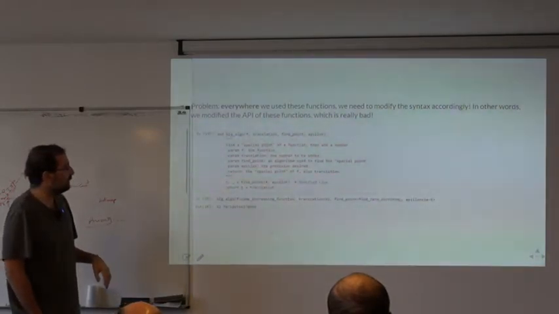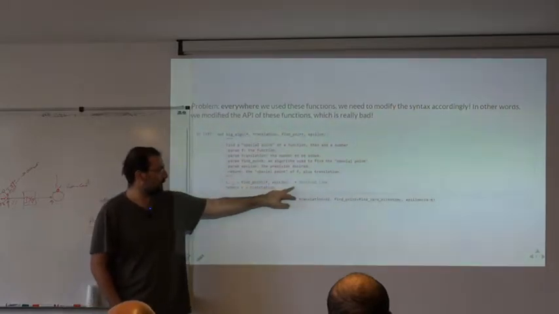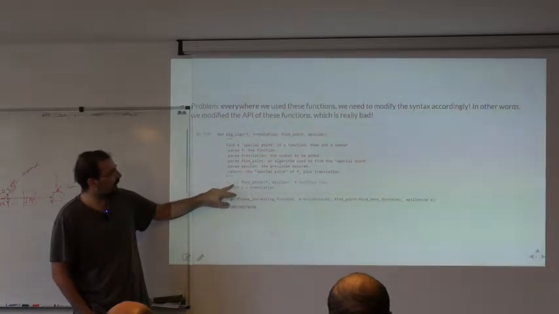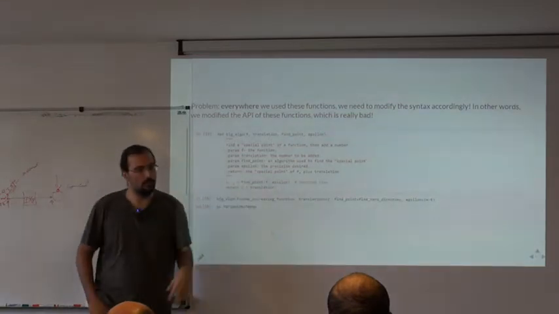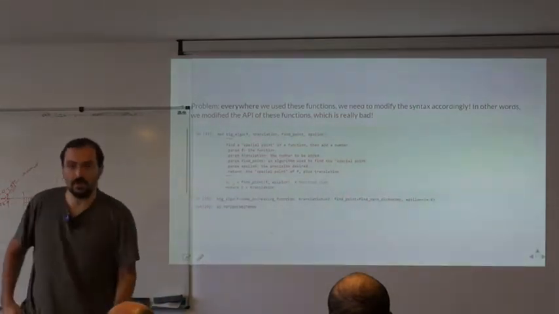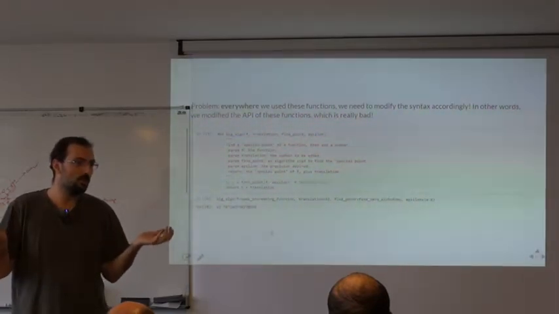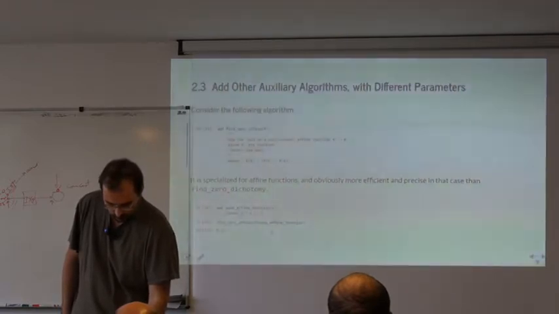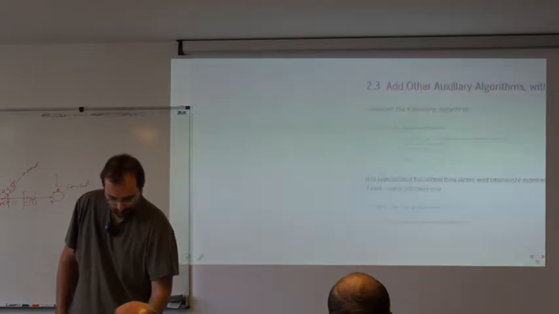Instead of doing z is equal to find point of something, you will need to modify the call so that it takes z, comma, something that I don't care about, is equal to find point of something. And of course, if you have many big algorithms that use the sub-algorithm, at all the places you will need to do the modification. So, of course, this is totally out of the question.